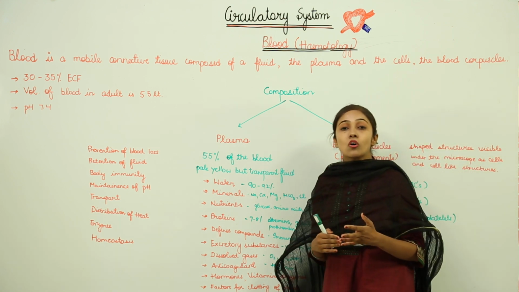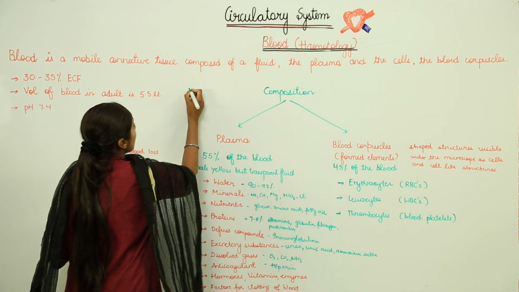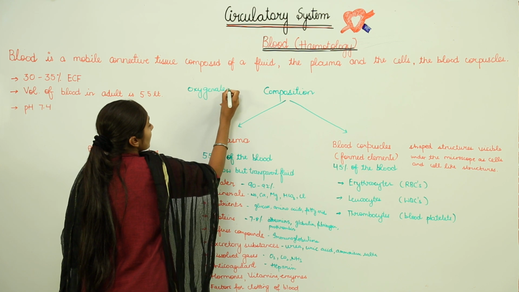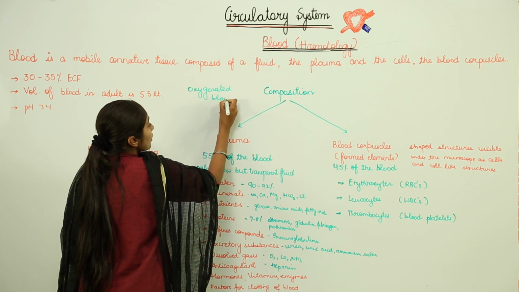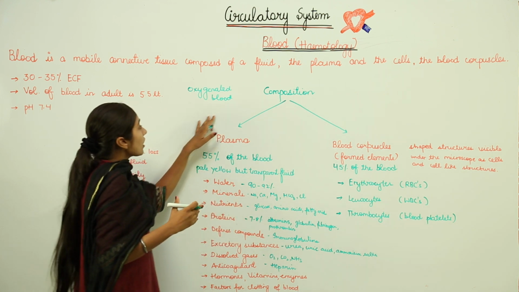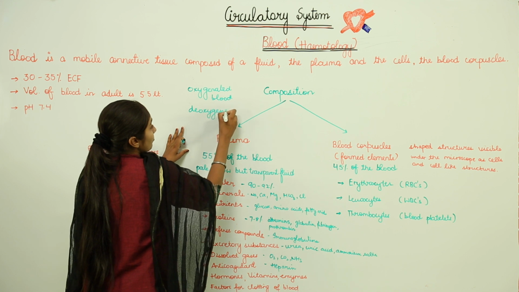When the blood is oxygenated, it is red in color, right? If we talk about oxygenated blood, that oxygenated blood is what? It is rich in oxygen, it is red in color. When we talk about deoxygenated blood, it is deficient in oxygen, right?